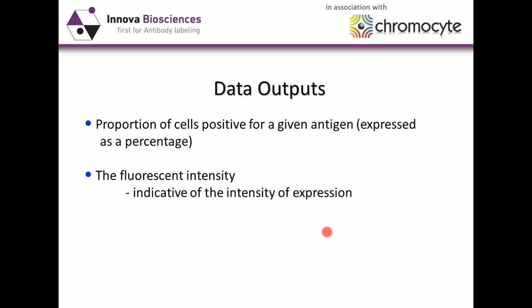And so what we're interested in is how positive cells are for CD69. And so it's always worth remembering that the intensity data is a parameter which can provide valuable insight into functional responses.